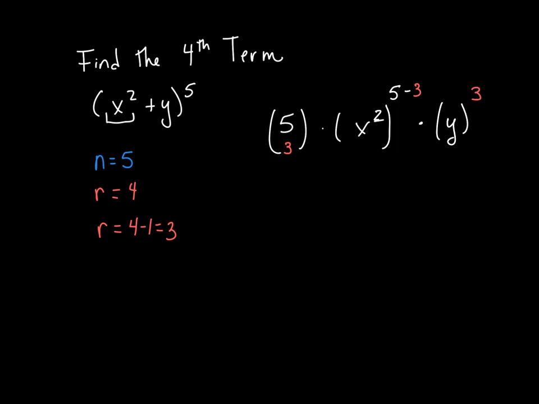So first part I have 5 choose 3. 5 choose 3 is just 10 times x squared raised to the 2nd power times y to the 3rd, or 10 x to the 4th y to the 3rd.